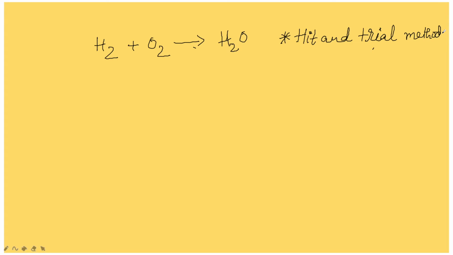The process of making the number of different types of atoms equal on both sides of an equation is called balancing. When you are newly learning, write it out like this; continuous practice will give you easy results. Write down the elements, hydrogen and oxygen, on the left and also on the right.